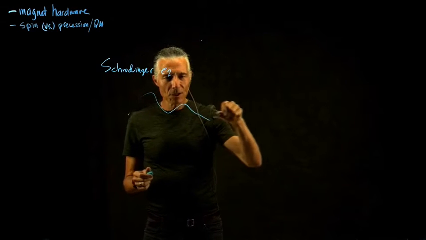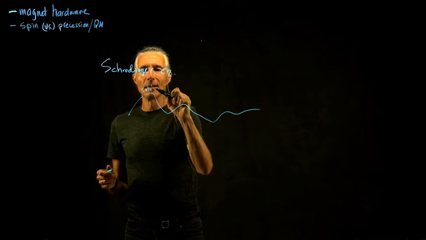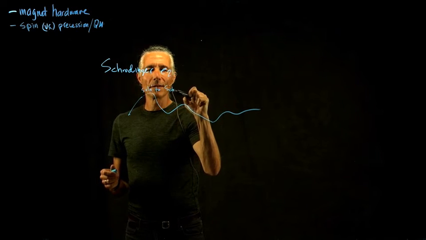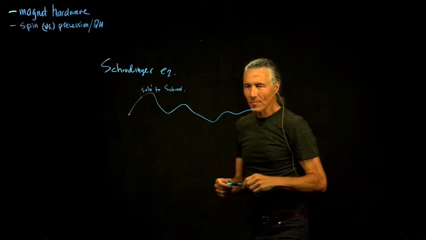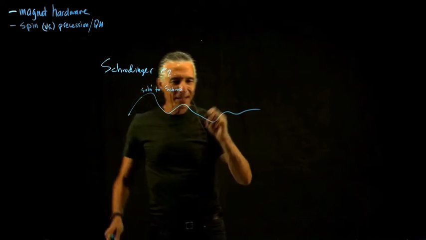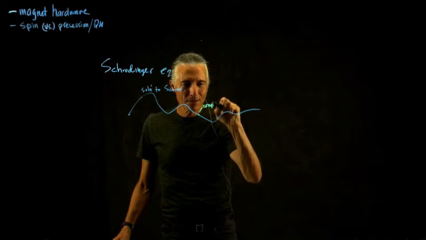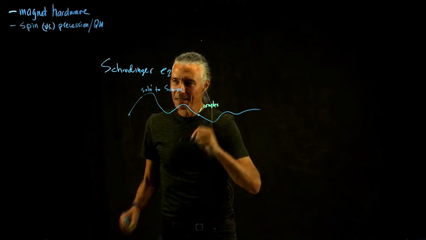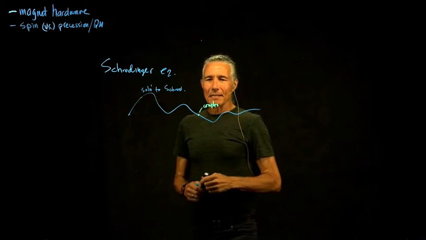So here's a solution to Schrödinger. It extends across space. And the first thing is that at each point in space, it's a complex number. So it has 2 components. There's like a vector at each point in space. Okay, so that's kind of weird.